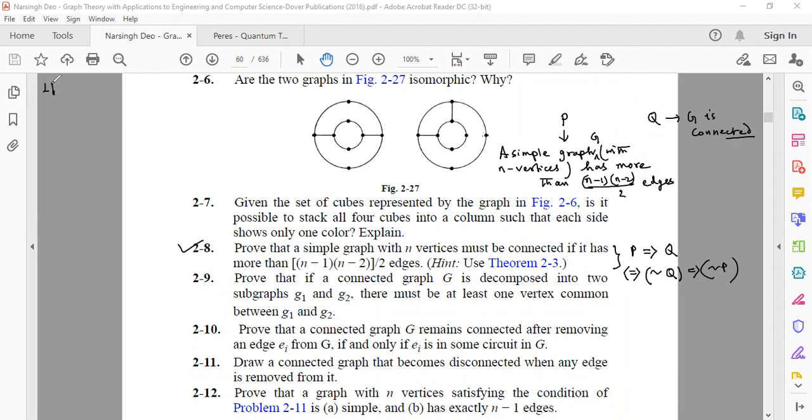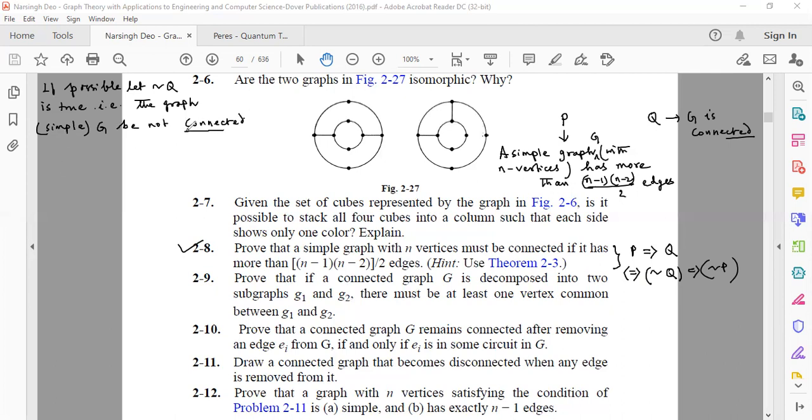So I'm starting. If possible, let not Q be true. That is, the graph which is simple and which we denote by capital G is not connected.